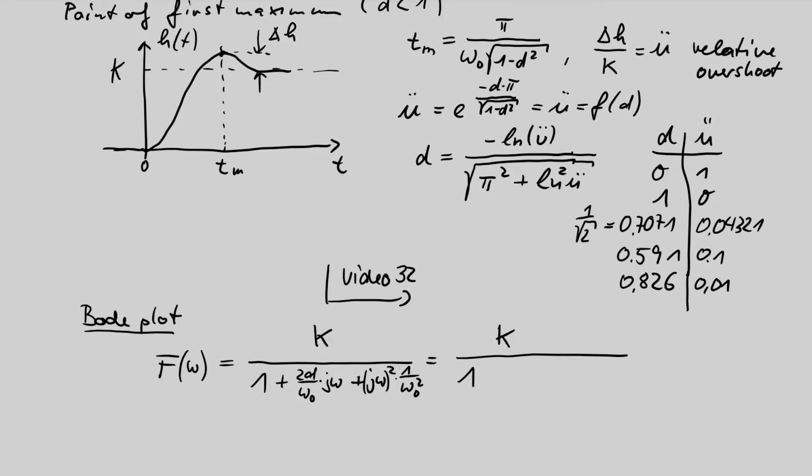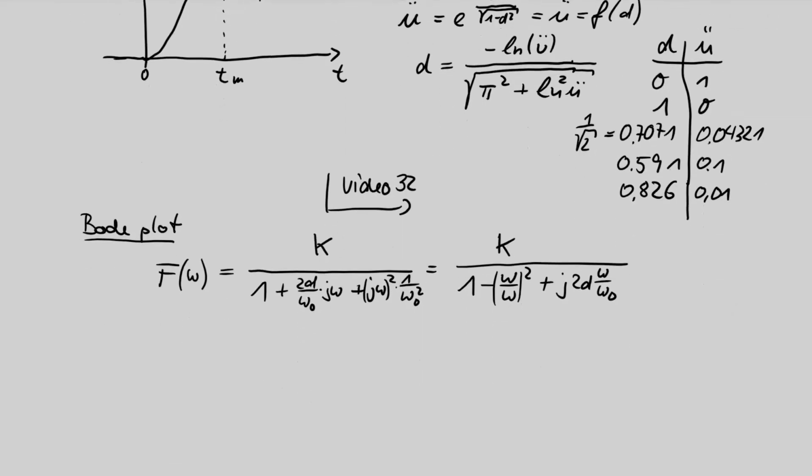So here you get a negative omega divided by omega naught squared. That is the real part, plus j 2d omega divided by omega naught. That is the imaginary part of the denominator.